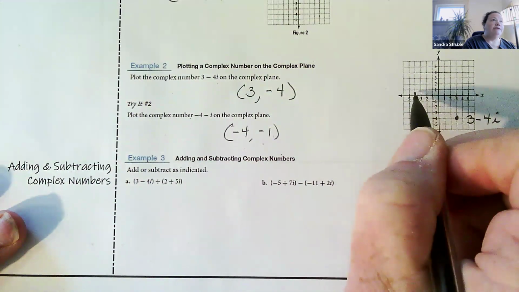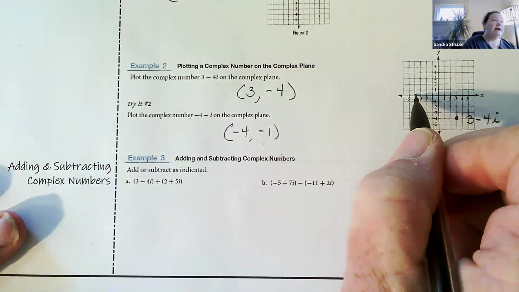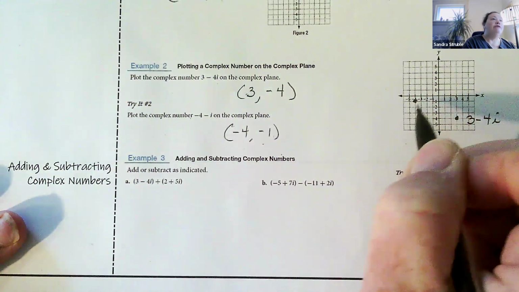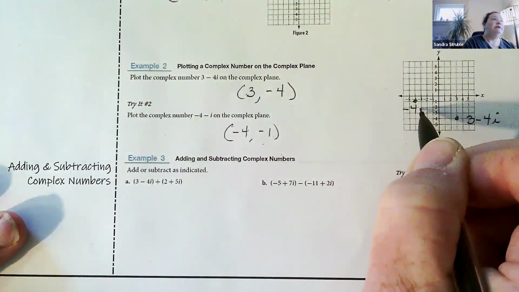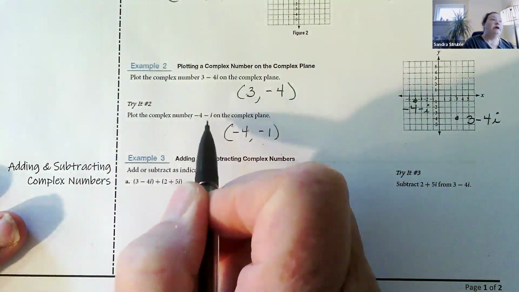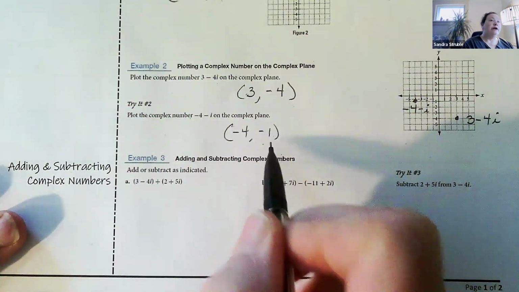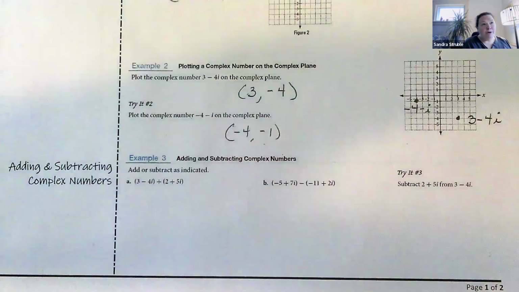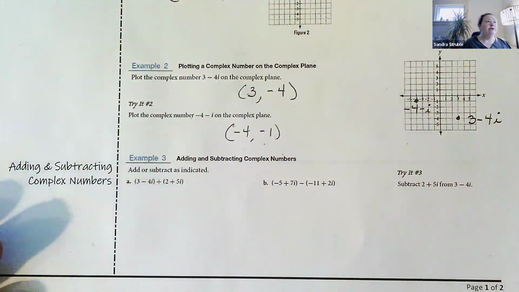So I'm going to go to the left 4 since it's -4, and then I'm going to go down 1 and place that point, and then do not forget to label it -4 minus i. There's an assumed 1 in front of that i, which is where I got the -1. Anytime you have a variable and there's not a number in front of it, there's always an assumed 1. All right, I'm going to pause the video and come back for the next one.